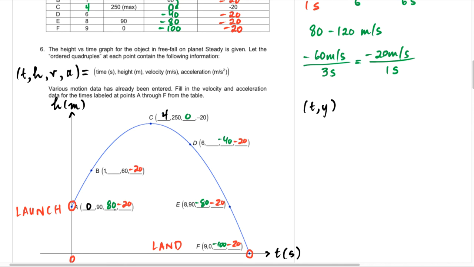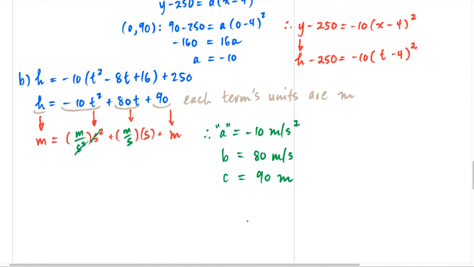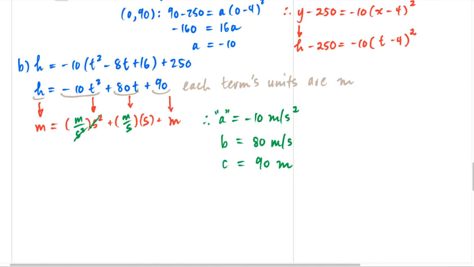And we don't have negative 10 meters per second squared anywhere because the constant acceleration on planet Steady is negative 20. So we might make some connections here: this 90 is equal to the initial height, this 80 is equal to the initial velocity, but this negative 10 meters per second squared, although it carries the units of acceleration, is not the negative 20 meters per second squared value we were looking for.